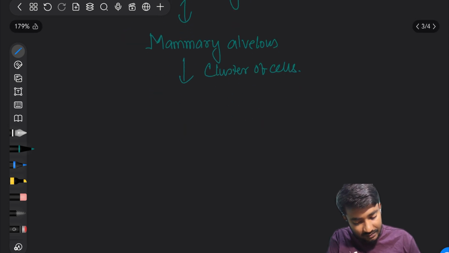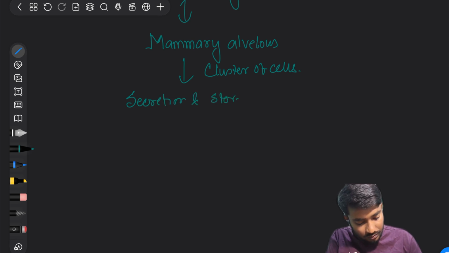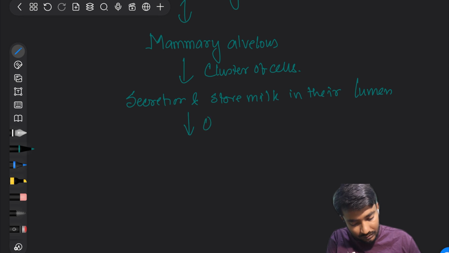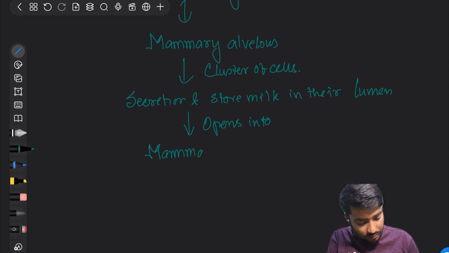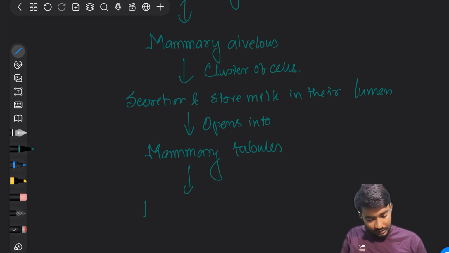These secrete and store milk in their lumen. It opens into mammary tubules, into the mammary duct.